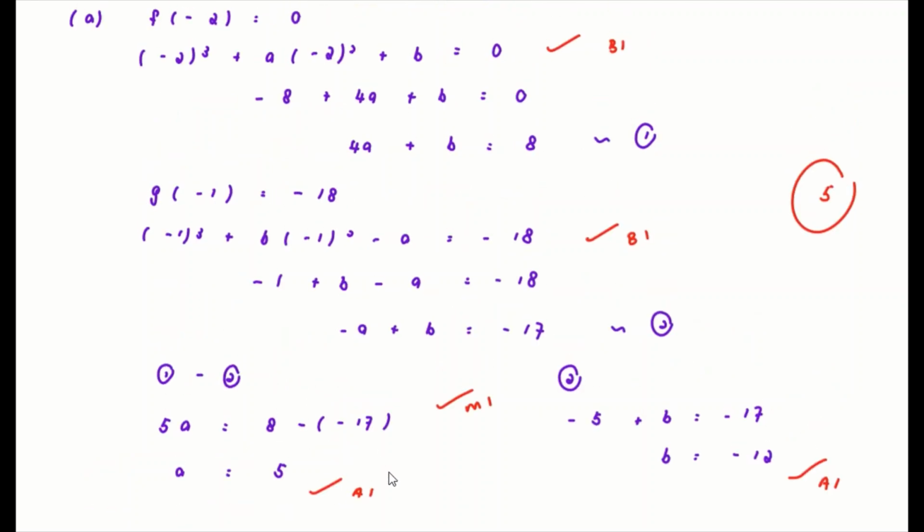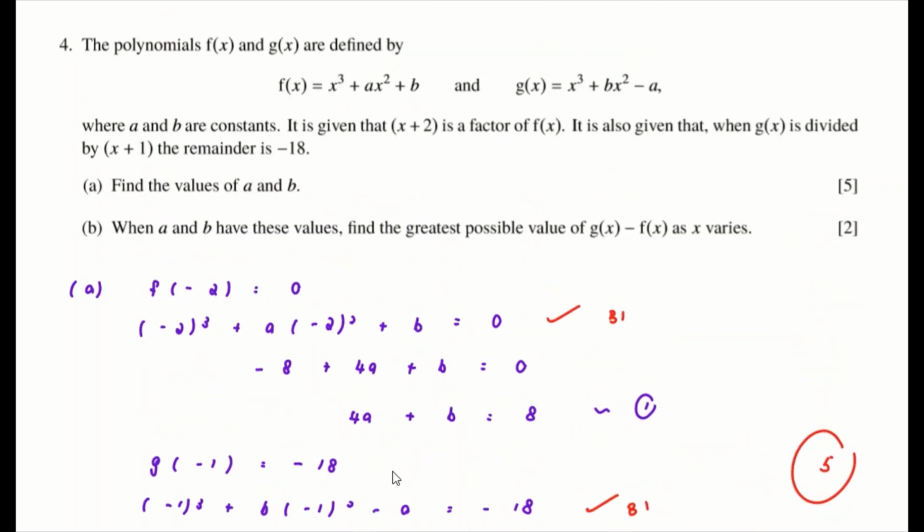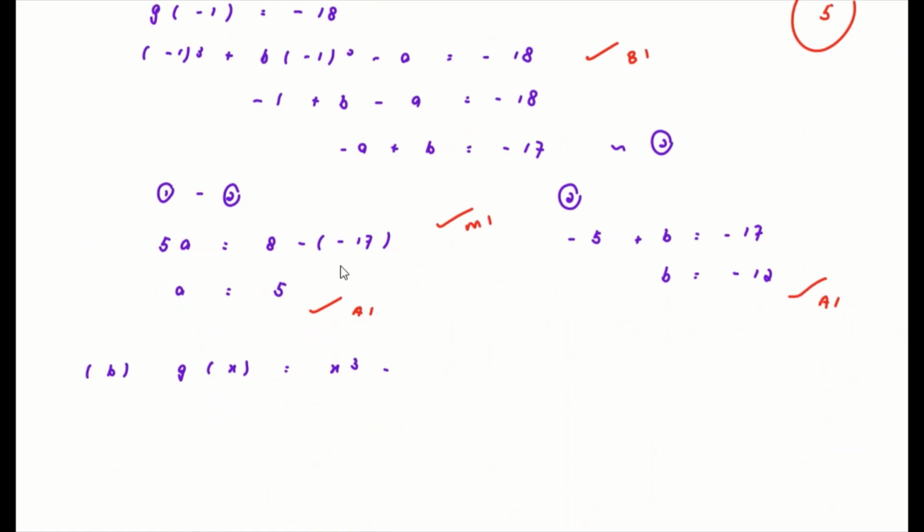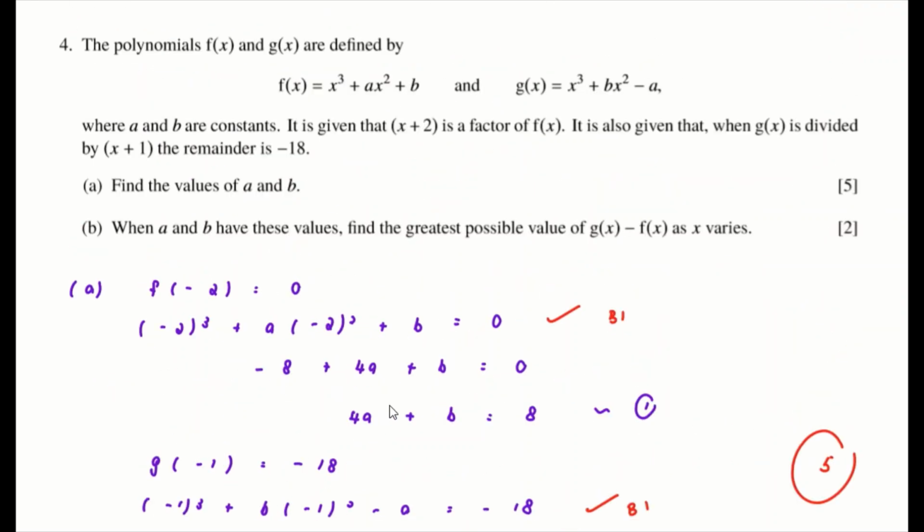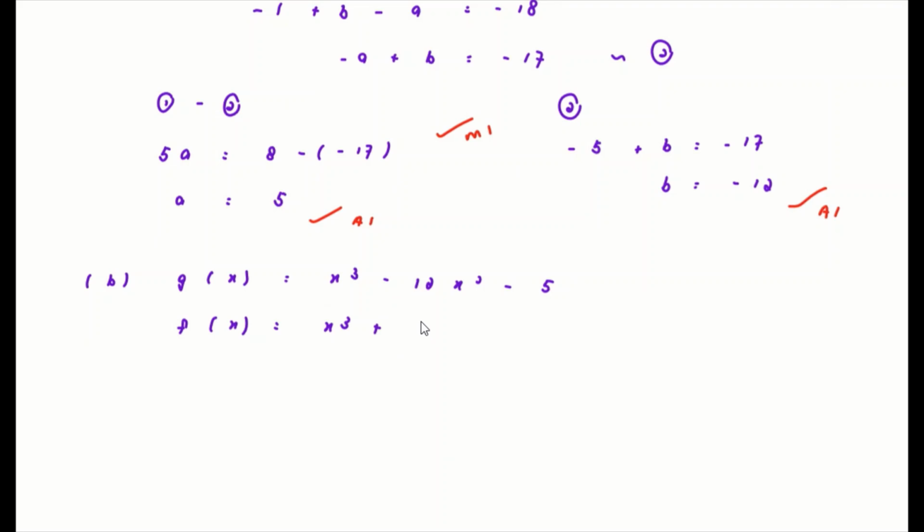Let's write down g of x: x cubed plus b x squared, minus a, so minus 12 x squared minus 5. Then f of x is x cubed plus a x squared plus b, so 5x squared minus 12.